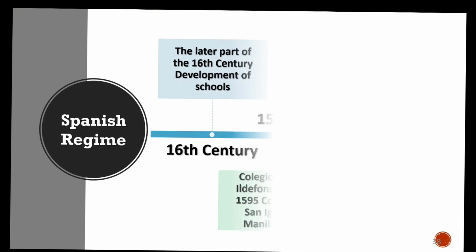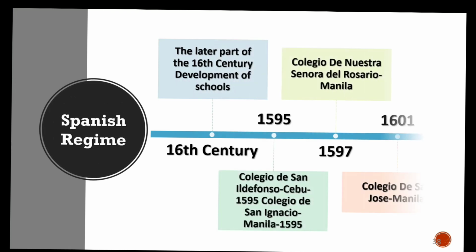During the Spanish regime, schools were founded, like the Colegio de San Ildefonso Cebu and Colegio de San Ignacio in 1595.